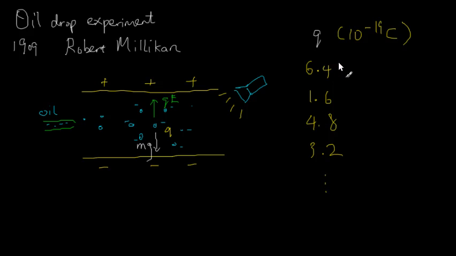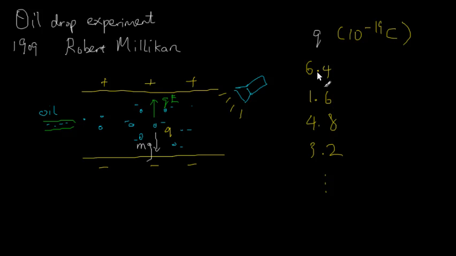So from that point of view, these numbers actually turn out to provide very important information. What happened was that by analyzing these numbers, it became clear that all of these numbers are multiples of 1.6.